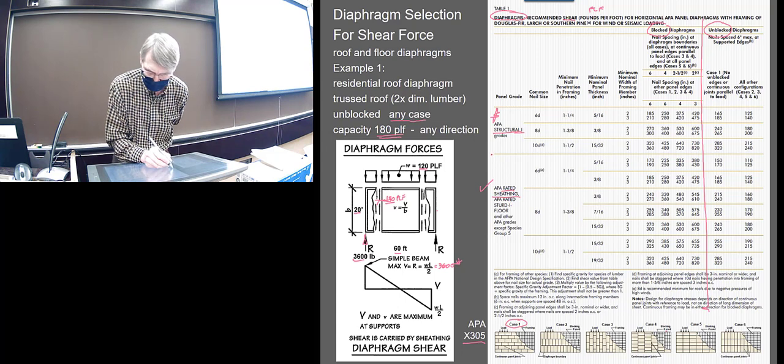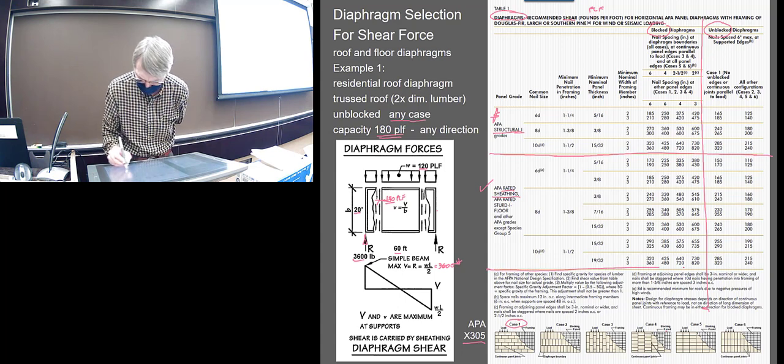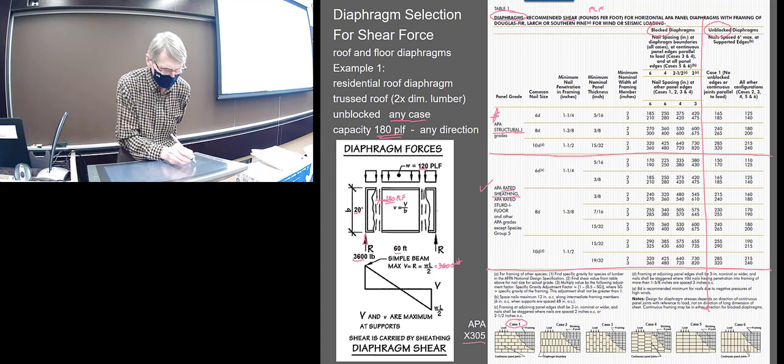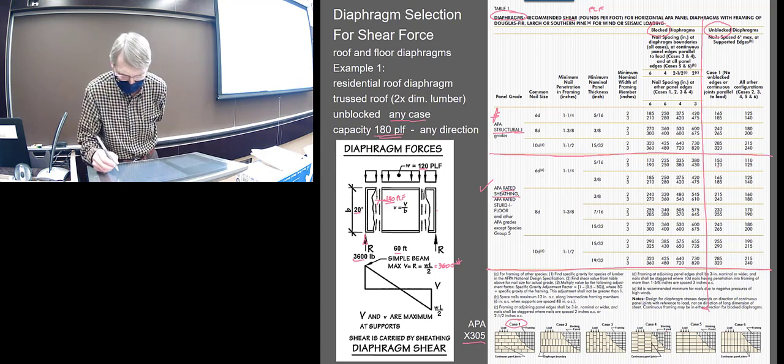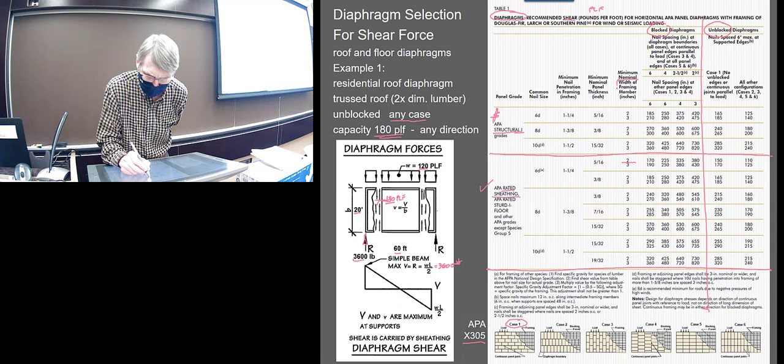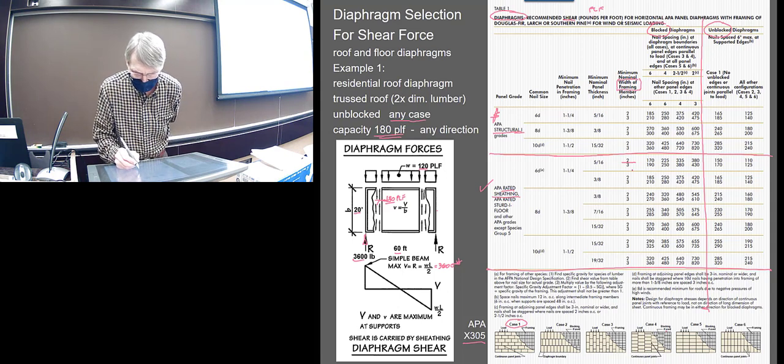We'll take it as this, right? Let's try it first as unblocked. So if we need 180, the other thing you've got to look at is this. This is the width of the framing member, right? So either 2-inch or 3-inch.